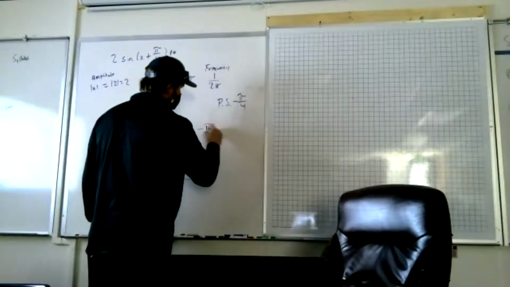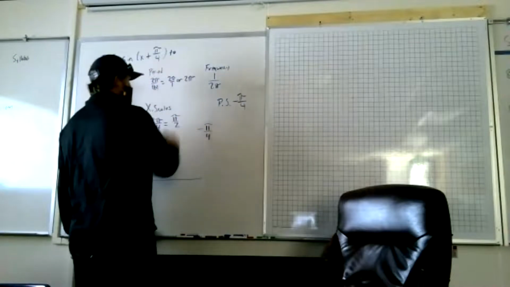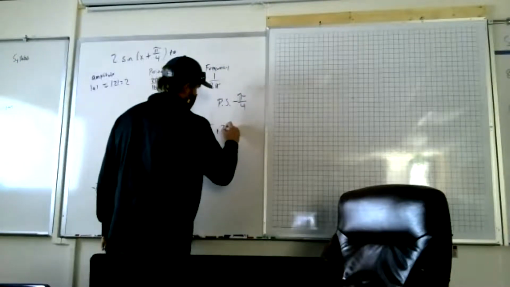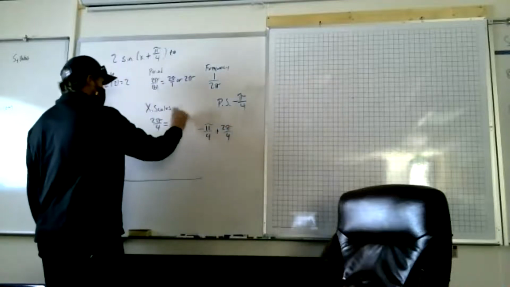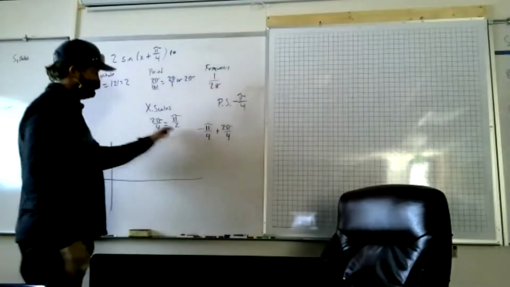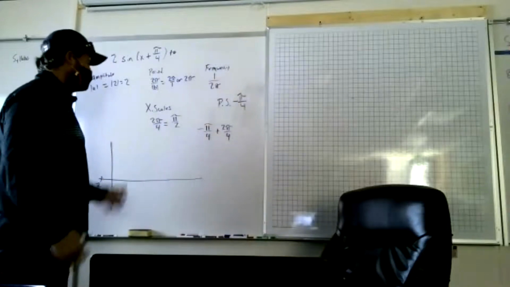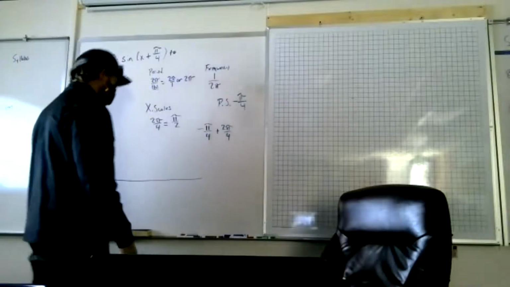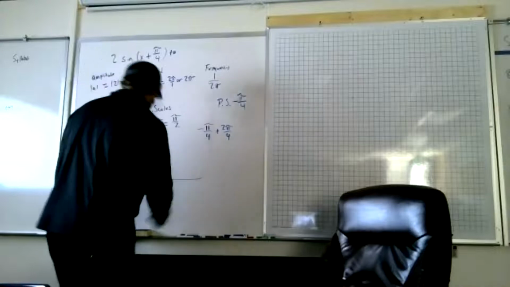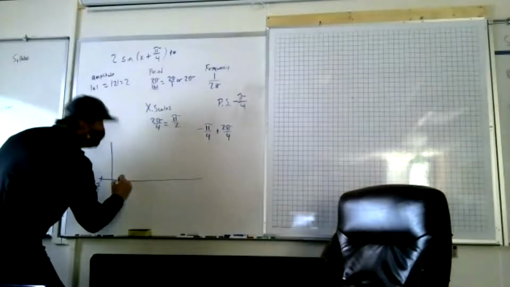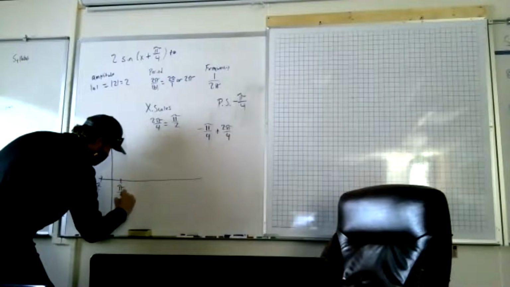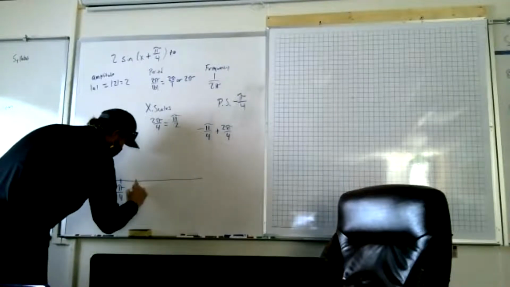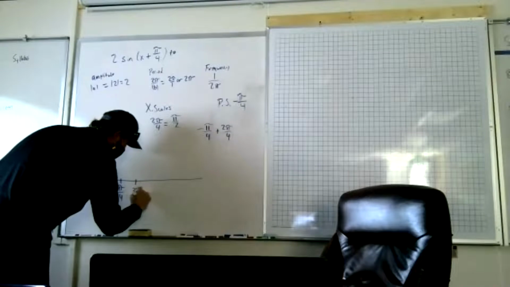So negative pi over 4 plus 2 pi over 4 is what I get for the location of my critical points. So this is going to be pi over 4. And if I add it again, I get 3 pi over 4.